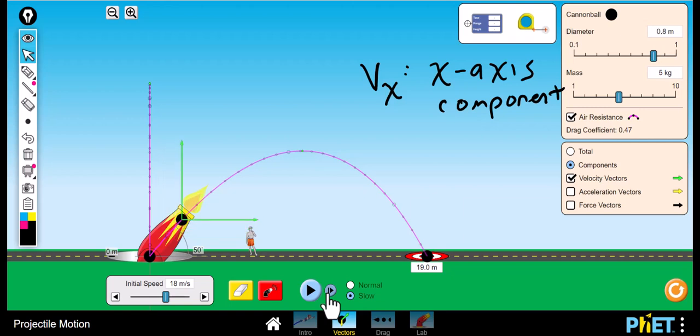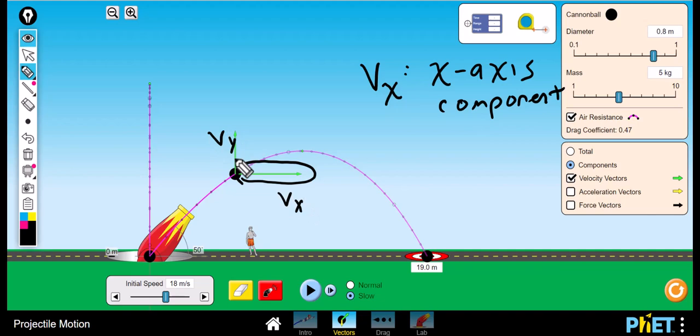And the question is, how is that green arrow going to the right changing? Is it getting smaller? Is it getting larger? What happens when we hit the apex? We're looking only at the green arrow that's pointing to the right. This is the Vx, the x-axis component. We've already discussed the Vy component, which we're not focusing on right now. We're focusing on the Vx component.